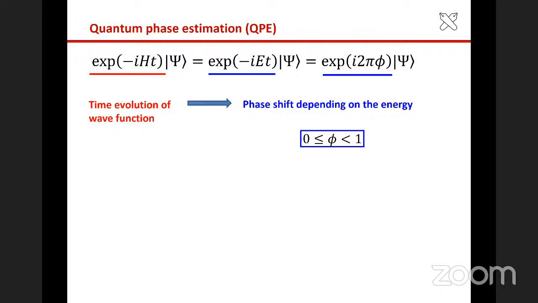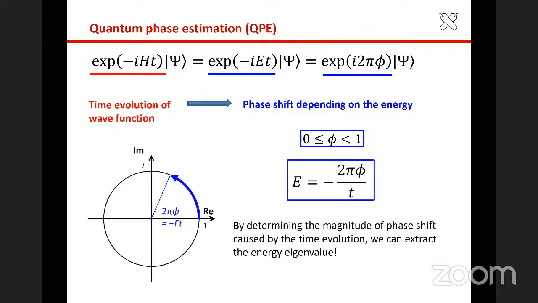The difference appears only in the phase, and the phase shift depends on the energy, E. So if we can determine the magnitude of the phase shift caused by the time evolution, we can extract the eigenenergy by using this equation. So this is the basic idea of the quantum phase estimation algorithm.